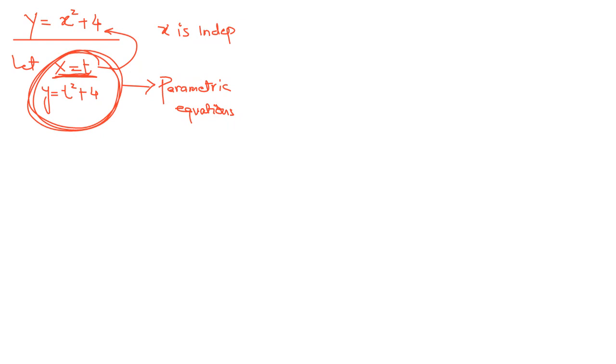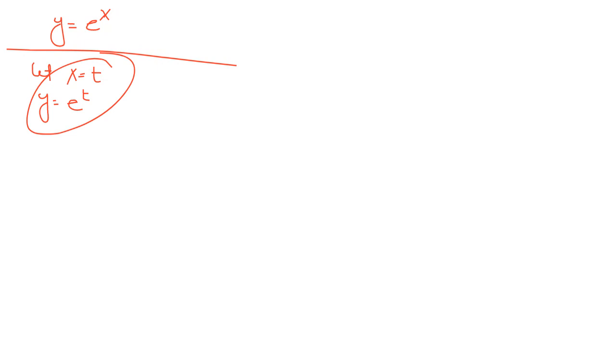Another example, if you have y is equal to e power x, here x is the independent variable. Let x is equal to t, then y changes into e power t. So these equations are parametric equations. Got it? Another equation, y is equal to x power 4 plus x power 3 plus x power 2 plus 4x.